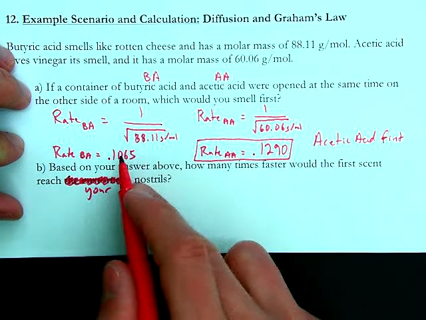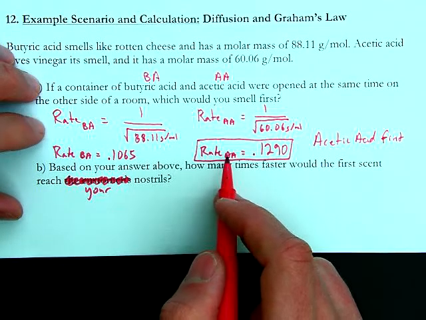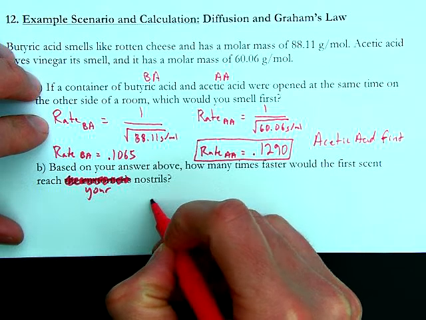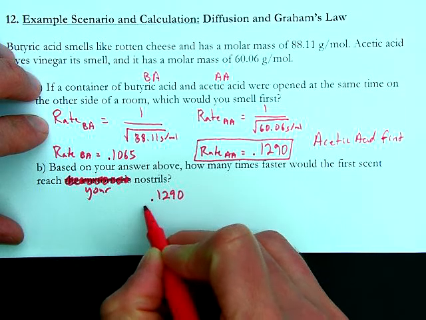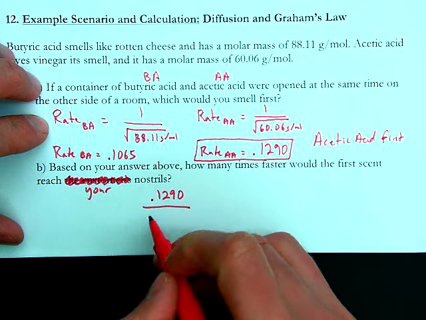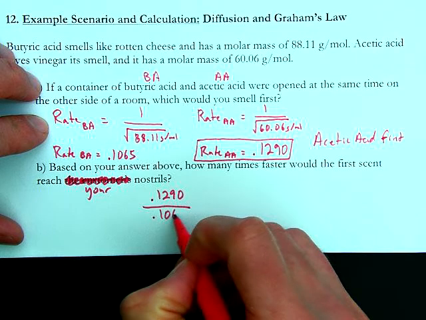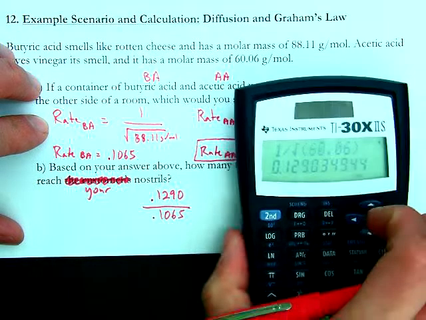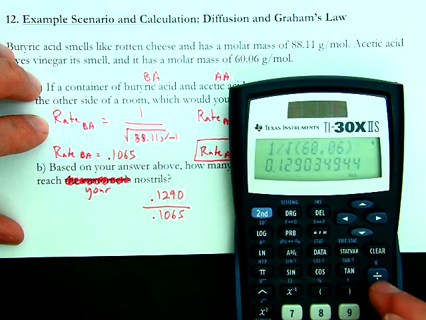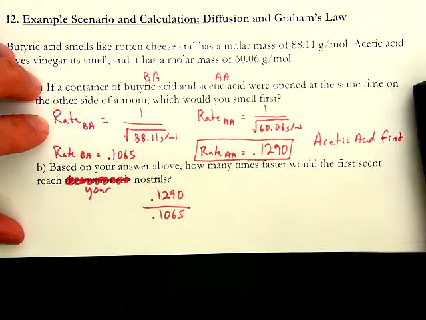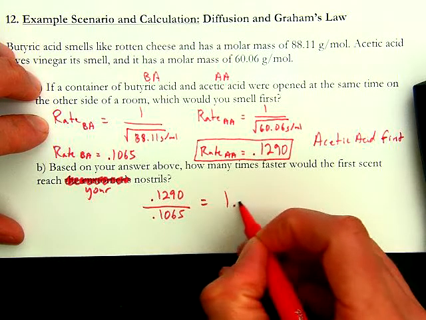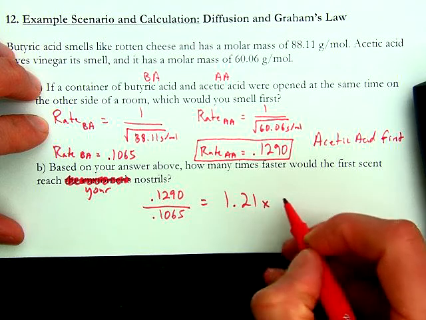You're really just comparing these two rates. So the rate that we're interested in is 0.129, right? If you take that and divide it by the rate of the other one, 0.1065, it's going to tell you how many times faster it is. And they're pretty similar, but about 1.21 times faster.